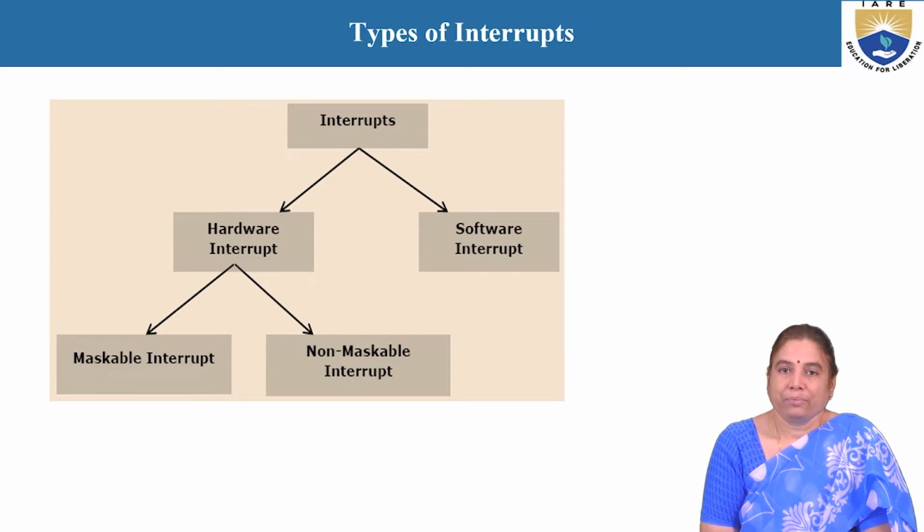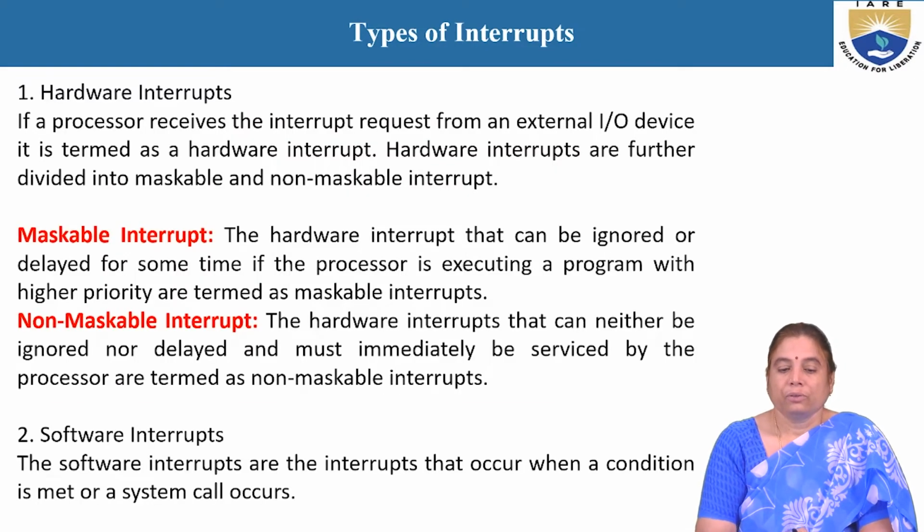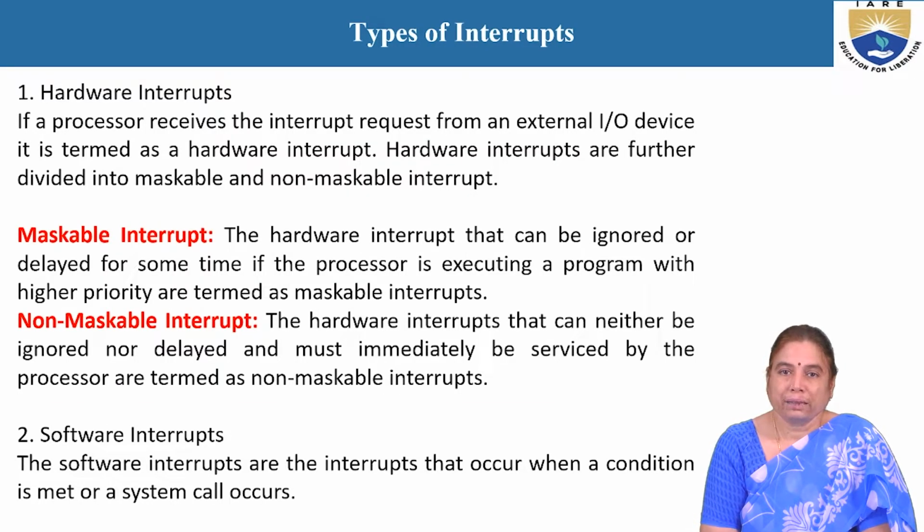So what are the types of interrupts? There are majorly two types. One is hardware interrupt, the second one is software interrupt. Hardware interrupts are of two types: maskable interrupt and non-maskable interrupt. A hardware interrupt can be raised with the help of hardware components like flip-flop registers.